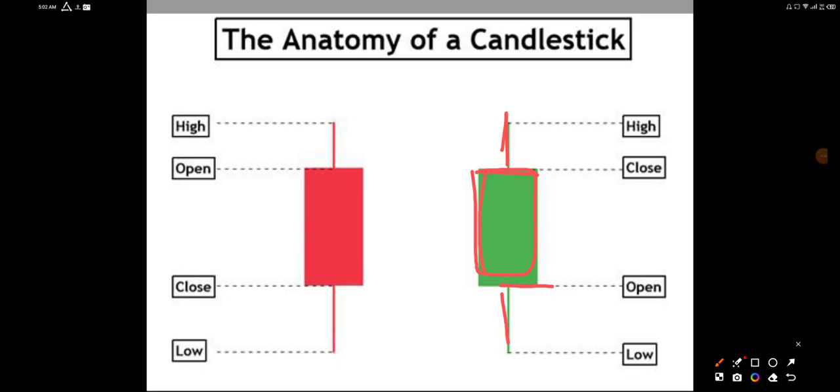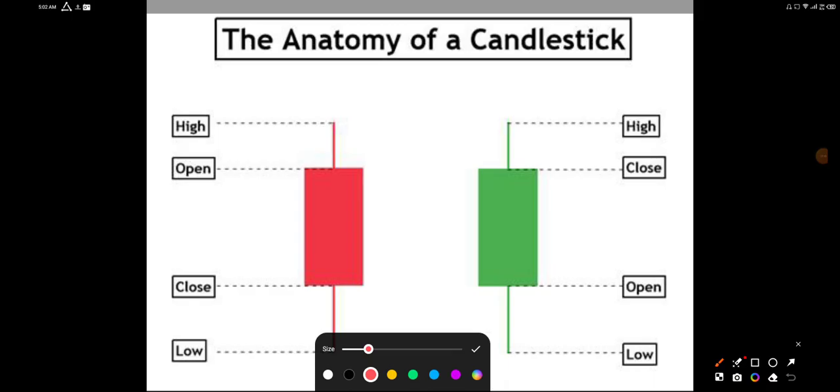This part of your candlestick that formed completely is called the body. Let me use a different color to demarcate it. This part you see here is called the wick, right? And this other part you see here is called the body.